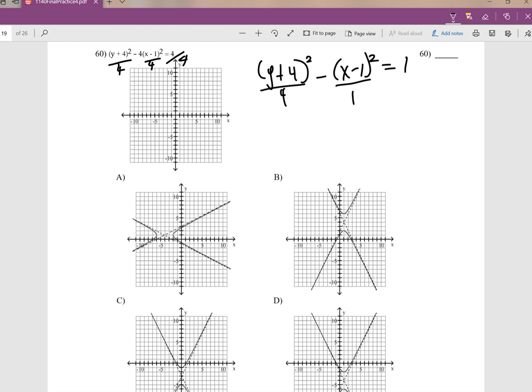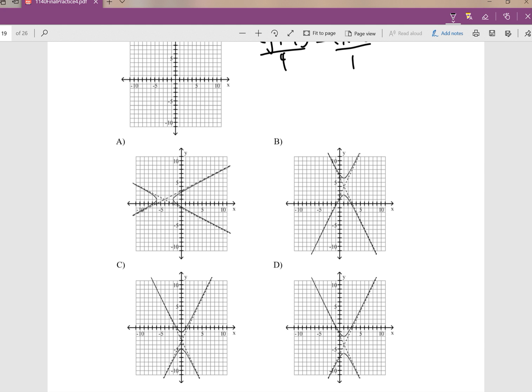So for number 60, the center should be located at 1, 2. Square root of 1 is 1, square root of 4 is 2. So this is correct. This is the only one that's correct. Everything else, if you notice, is shifted to the right, shifted up, shifted down. This one is correct, because we're going to take the square root of 4, which is 2 in this case.